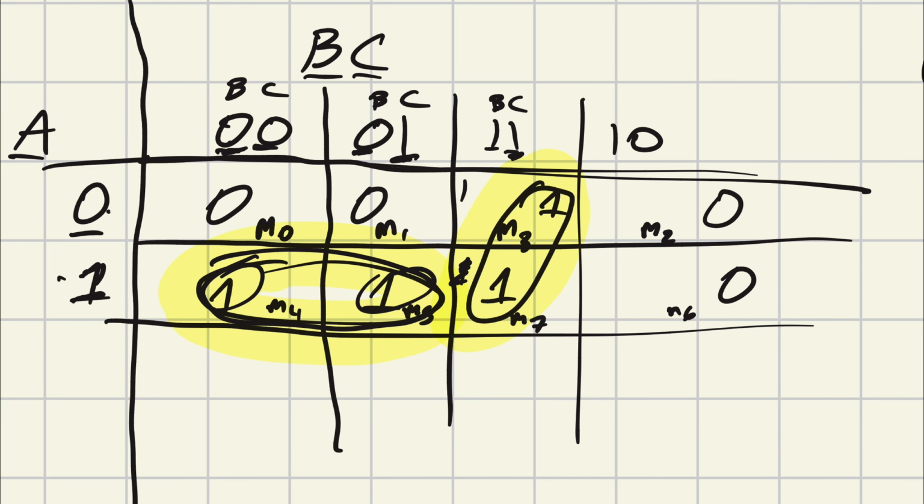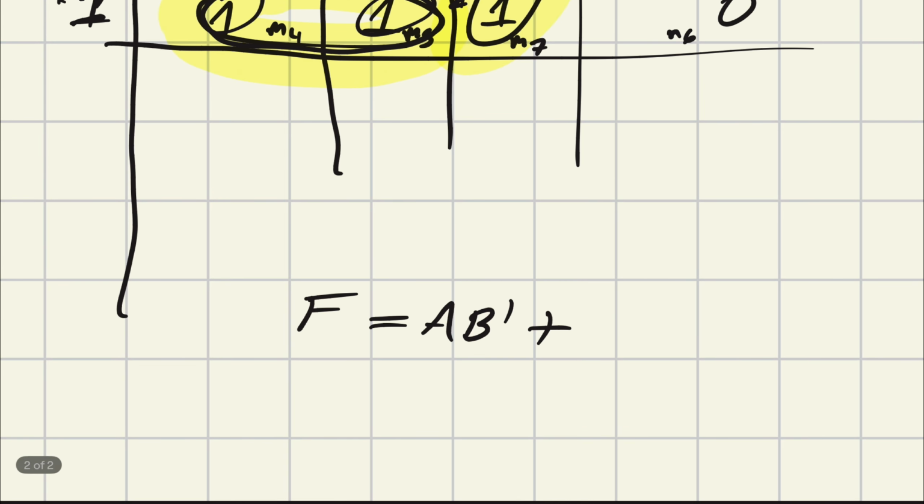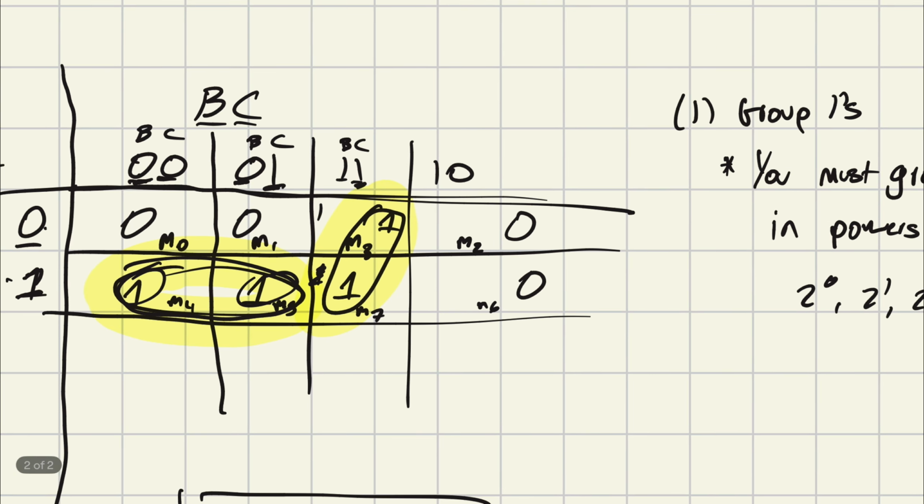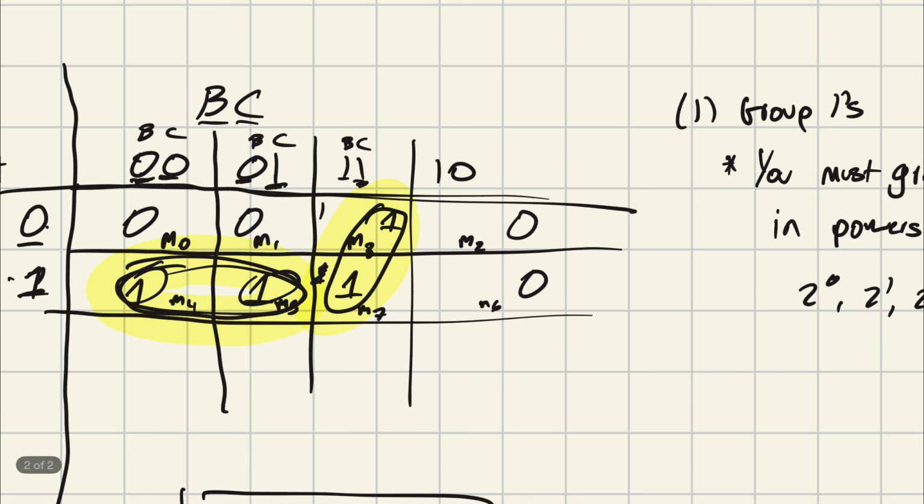We've covered all variables, so we know that the next logic expression term would be B and C. And this is equivalent to what we found over here. BC plus AB naught plus BC. They're both the same. Now, however this may seem longer or more counterintuitive, it indeed is much faster, especially when you're dealing with 4 variables or even a 5 variable K-map, which we'll cover later on.